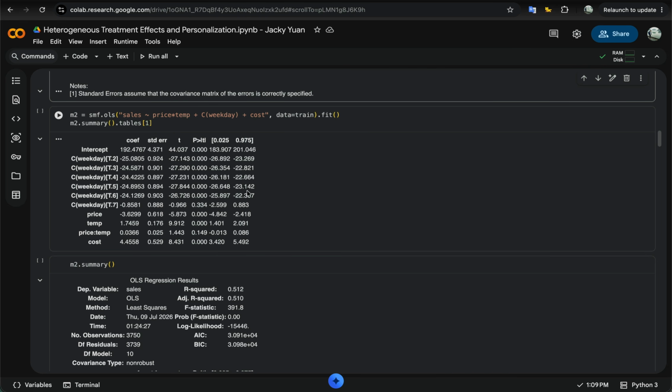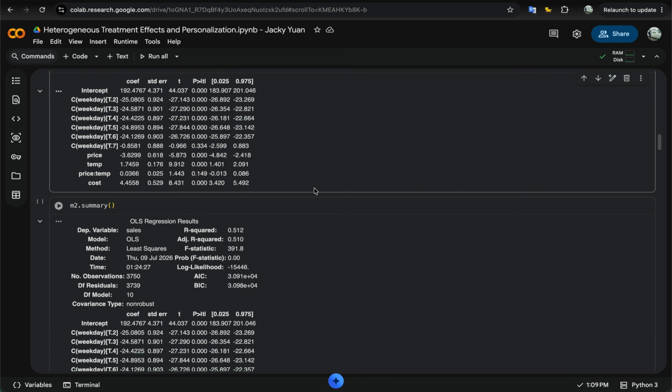You will see the price and temperature term right here, and we also see the coefficient, and this indicates that when the temperature increases, this also kind of explains the increase of the sales. And the R square here is not super great as well. It's barely increased a little bit.